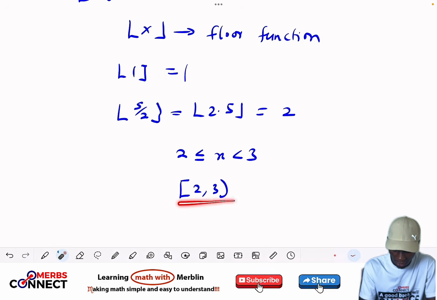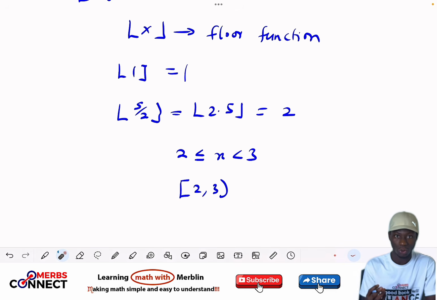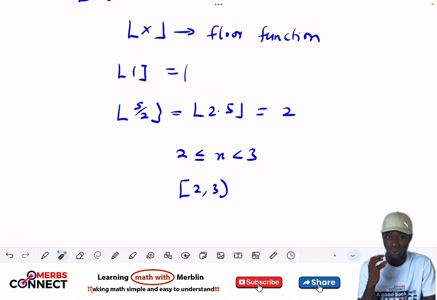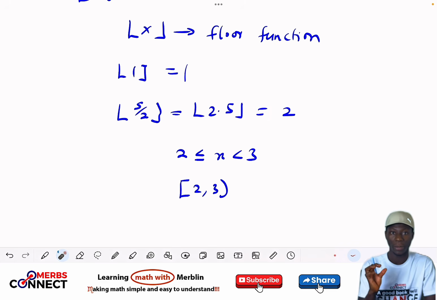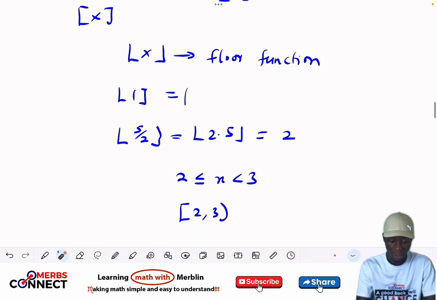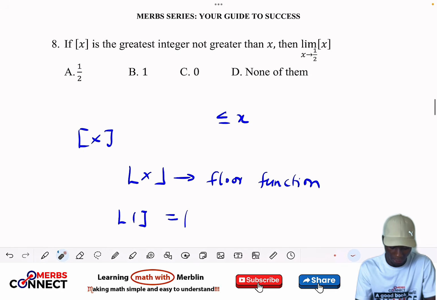So between this, I can have something like 2, 2.1, up to 2.5. But you see that all those values that I'm going to get are not integers. The only integer here is 2. So that is what I'm going to get here. So anytime you have a fraction, make sure you write it in decimals, then you pick the least integer inside the decimal, right?